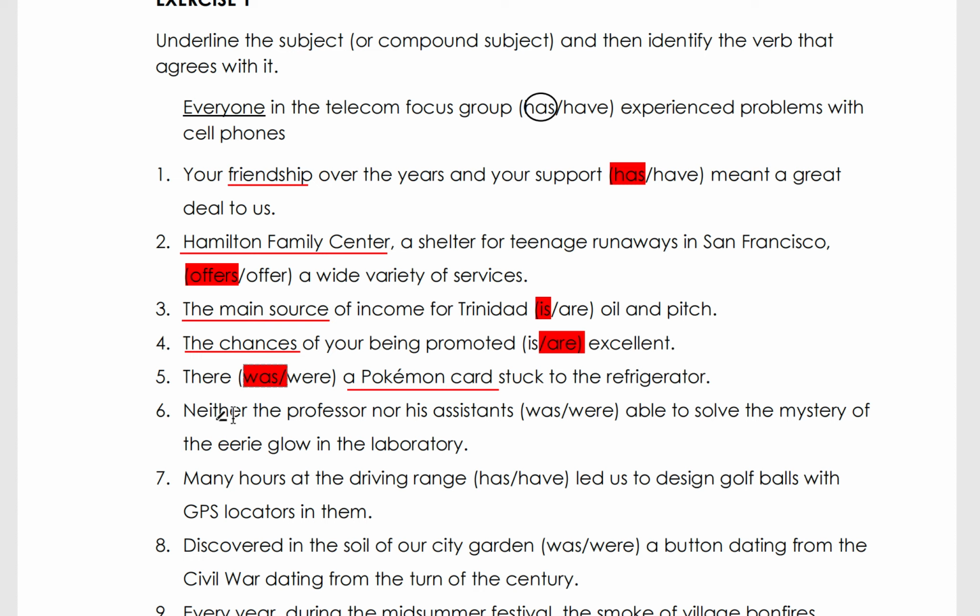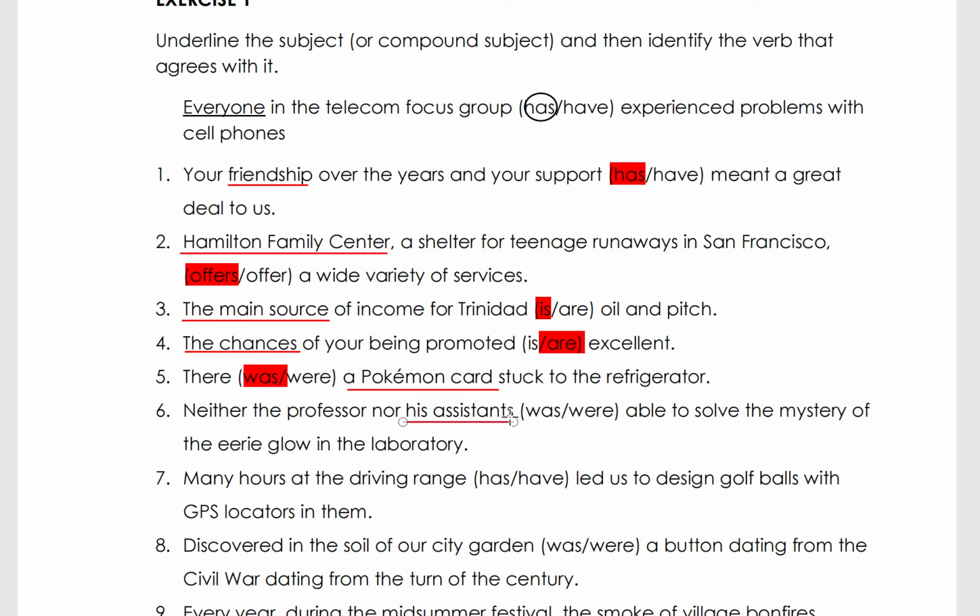Number 6, so here is neither. Still remember the rule with neither: you have to look at the subject that is close to the verb. Here the subject is "his assistants," and it's close to the verb.